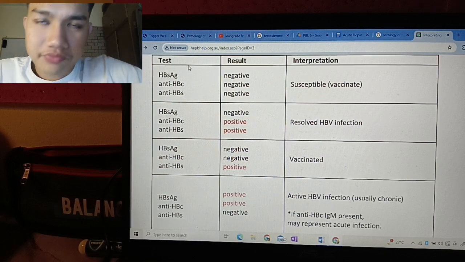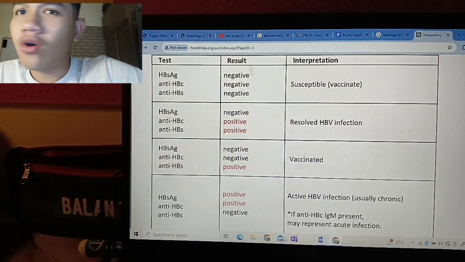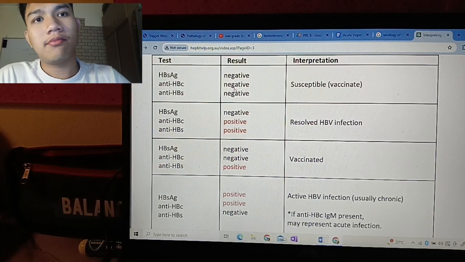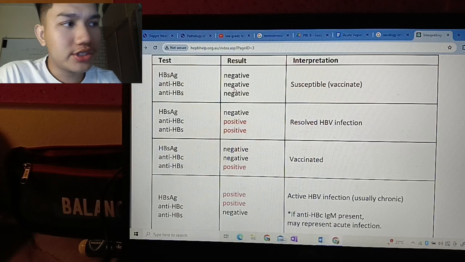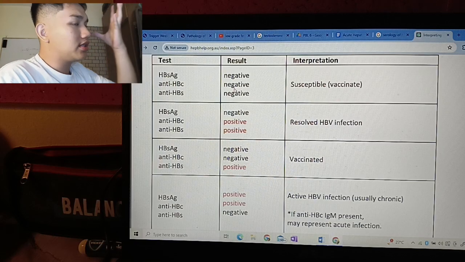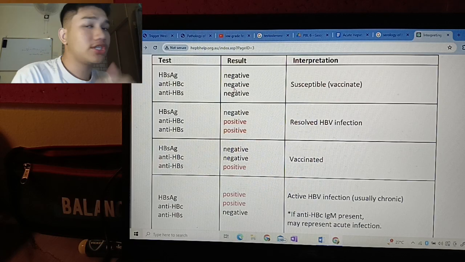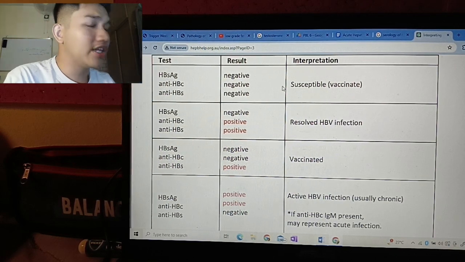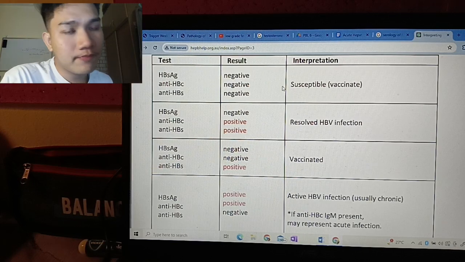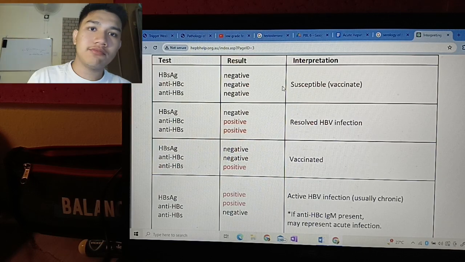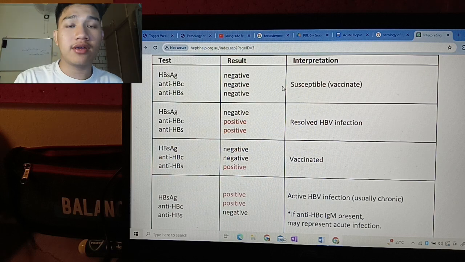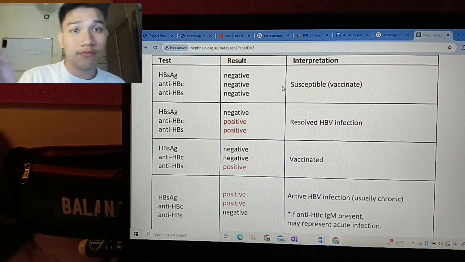Hepatitis B surface antigen negative. All 3 of them are negative. Okay. Maksudnya patient tidak dijangkiti. Patient is not infected. This person is not infected at all. Neither infected nor vaccinated. Maksudnya patient belum menerima vaksin untuk hepatitis B, as well as this patient has not been infected by hepatitis B virus before.